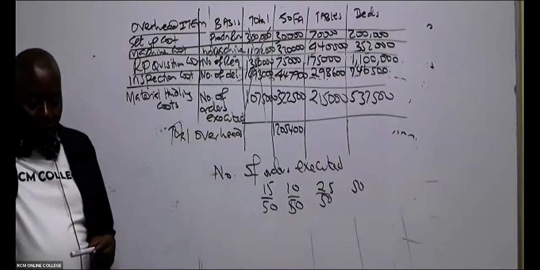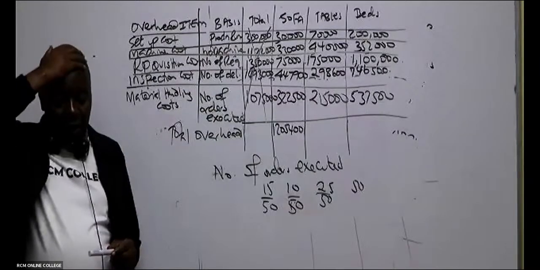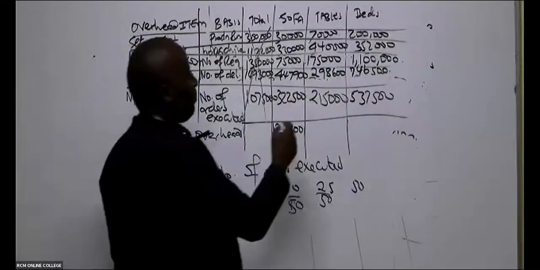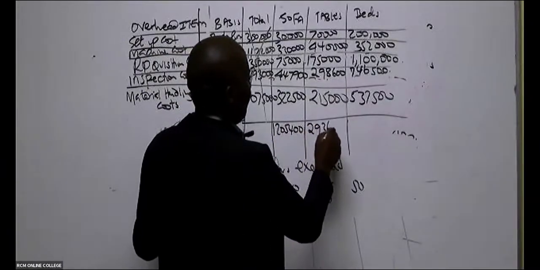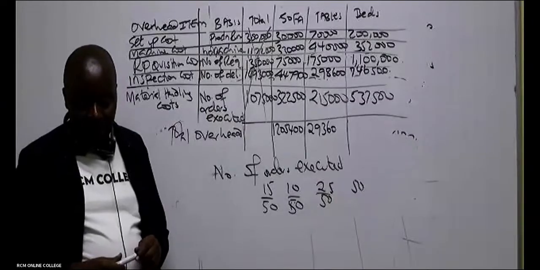Go ahead and do the same. Thank you, Cecilia. Thank you, Gadoni. Go ahead and do it for tables, 29,360. Oh, the figure is wrong.